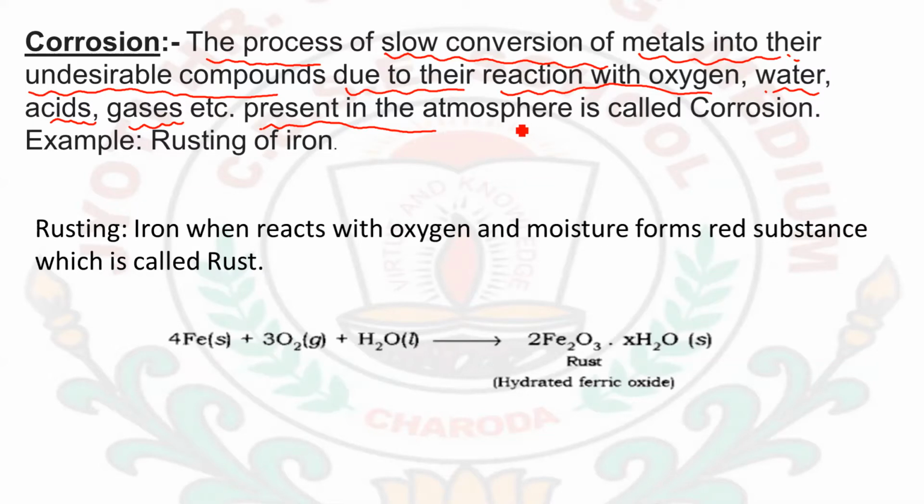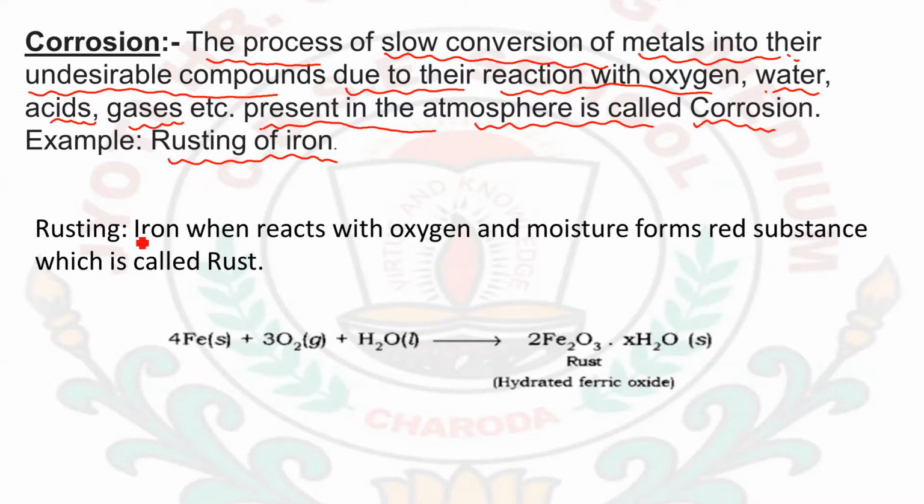All these things are present in our atmosphere, and this process is known as corrosion. The best example, which I gave you in the previous slide, is the rusting of iron, the process by which the surface of iron becomes tarnished or brown in color and is destroyed.